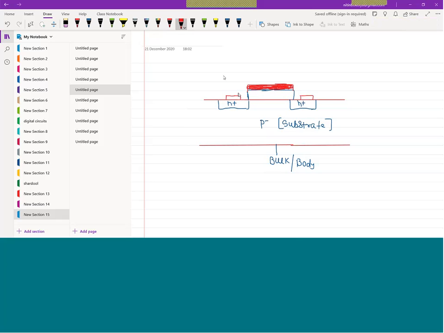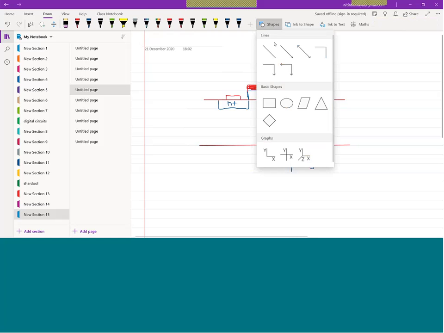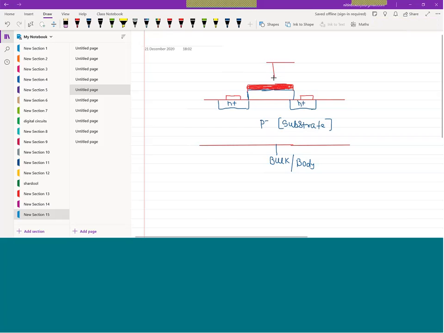Look at all the points of this carefully: this is metal. This terminal is known as the gate terminal.